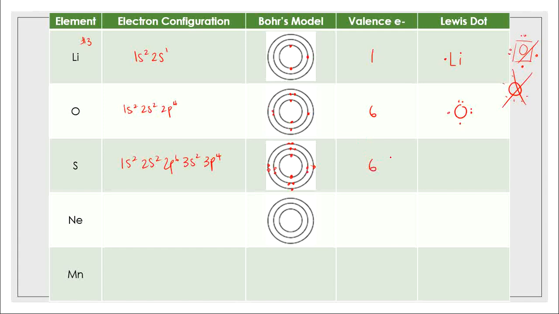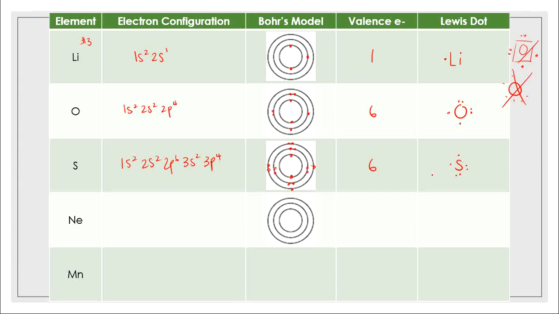We have 6 valence electrons. And sulfur will have a very similar Lewis dot structure to oxygen, right? So 1, 2, 3, 4, 5, 6. Now, take a look at the periodic table. Where is oxygen and where is sulfur? Aren't they in the same group, group 16? So they will have the same number of valence electrons.